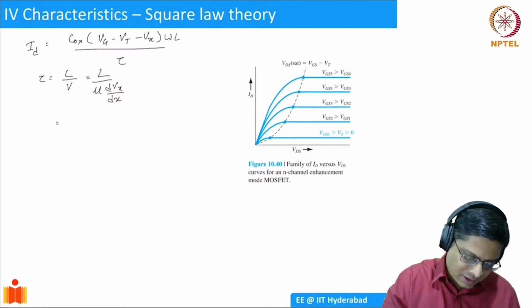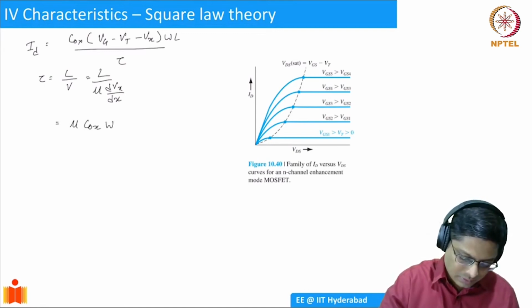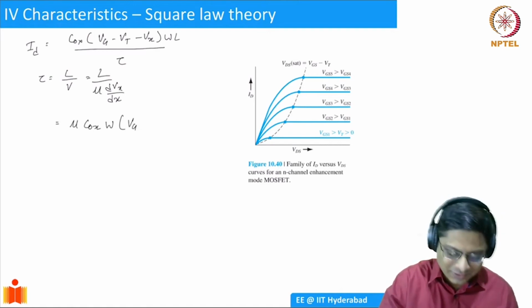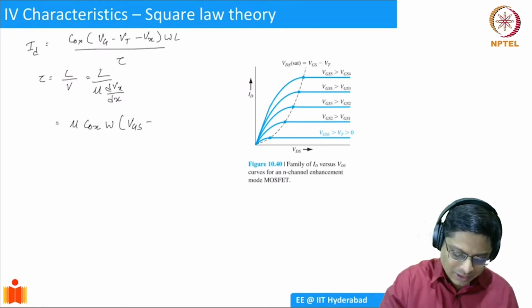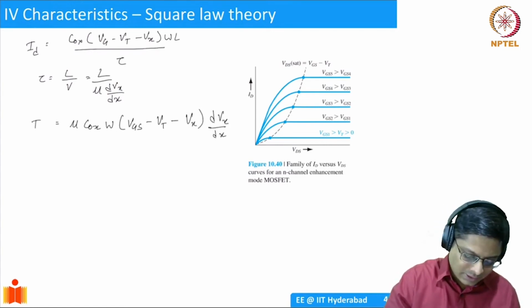We'll substitute this. If you substitute this, what do you get? Well, you get mu Cox W times VGS, just simply saying that it's in reference to source, minus Vt minus Vx, times dVx by dx, and this is equal to ID.